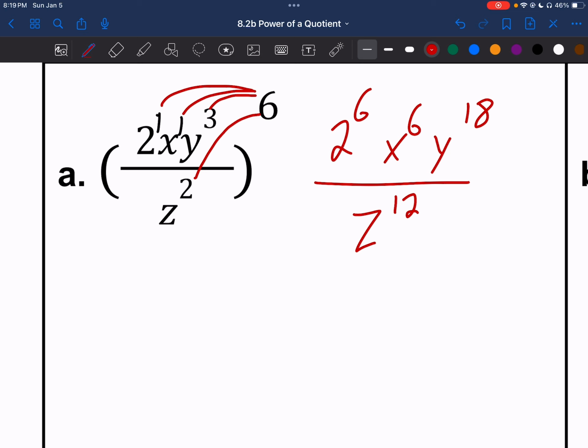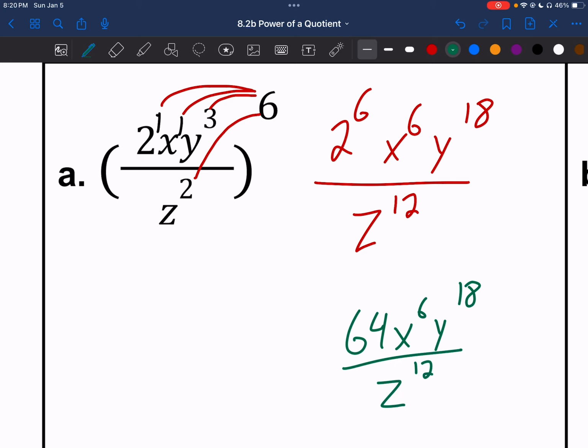And so we are left with this as our final result, except we have 2 to the 6th power. We need to actually do that math. So 2 times 2 times 2 times 2 times 2 times 2 is going to give us 64 x to the 6th, y to the 18th, over z to the 12th.